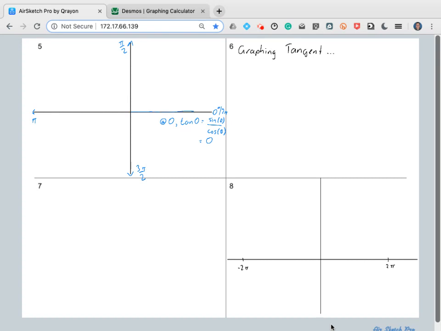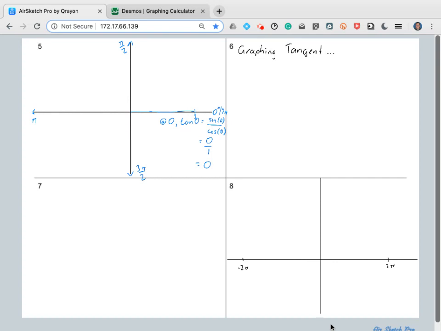That's what 0 would look like. There is no y movement, there's only x movement. So cos theta would be 1. So tan of 0 equals 0 over 1, which is equal to 0. So at 0, tan 0 equals 0. Okay, does that make sense so far?